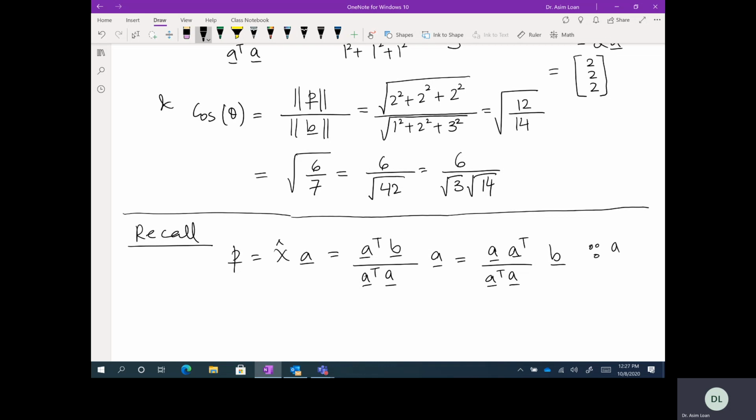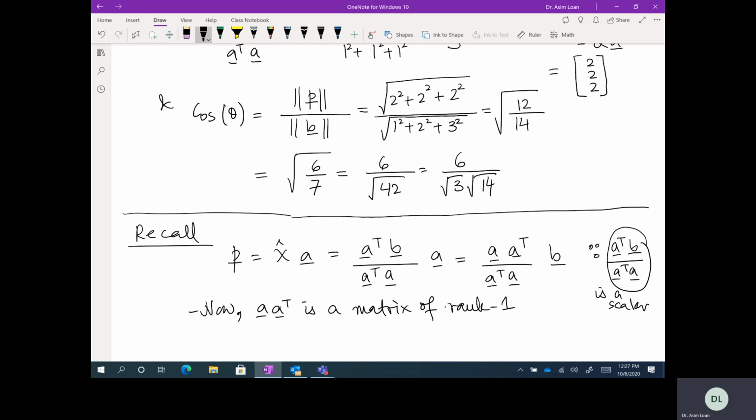Because A transpose B over A transpose A is a scalar. Now A A transpose is a matrix of rank 1.